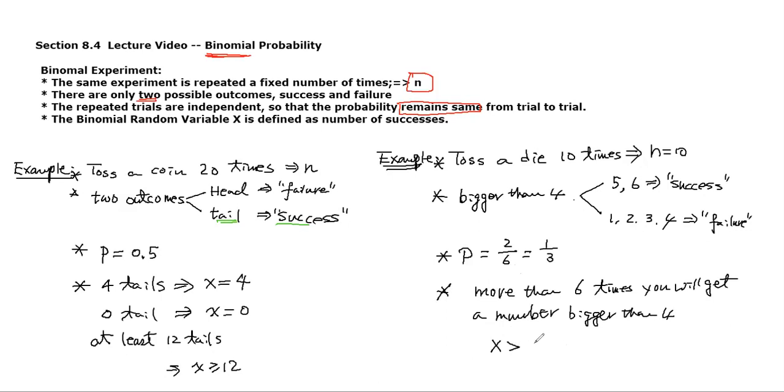Your random variable is x greater than 6, right? That's what we mean by the binomial distribution here. It depends on how you define your random variable, and the number of successes depends on what you're interested in, okay?